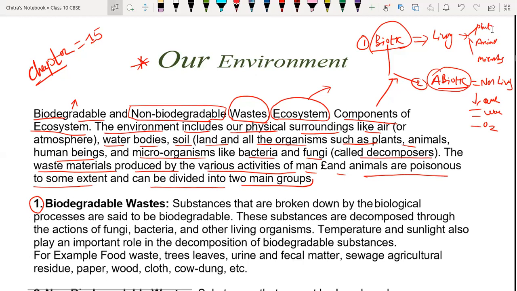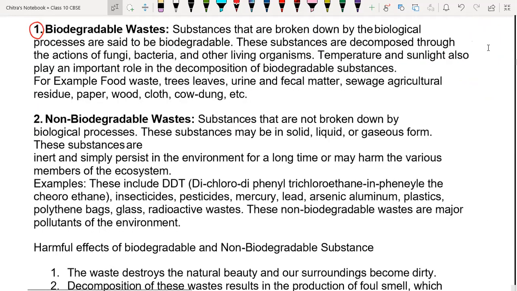So first we are going to understand about waste and its types. We already understood what waste is. Waste is the unwanted, undesirable substance which is present in our surroundings. So first we are going to discuss biodegradable waste.